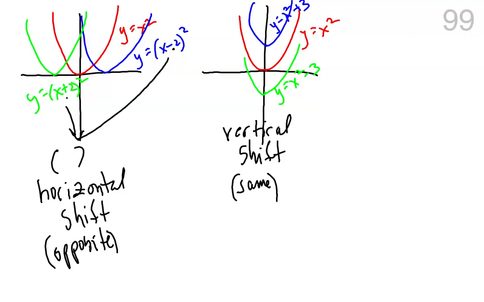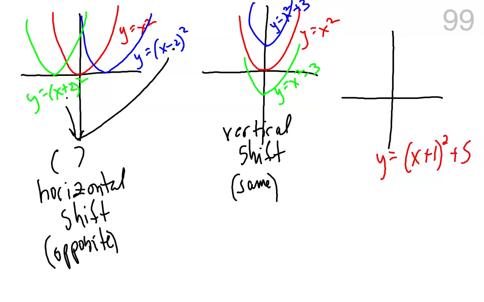Okay. So I can put all of those ideas together if I just remember what the parent parabola looks like, y equals x squared, which to me is a very easy shape to remember. So what if I then said that I want to graph y equals x plus 1 squared plus 5?